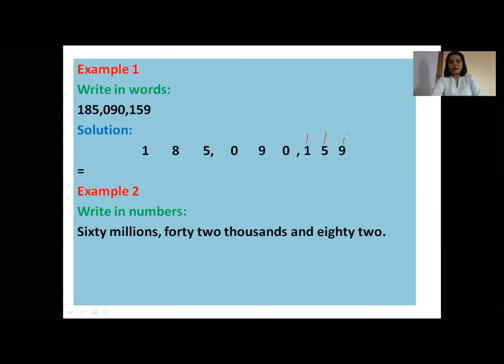So we group the last 3 digits in our unit period, the next 3 digits in our thousands period, and the first 3 digits in our millions period.